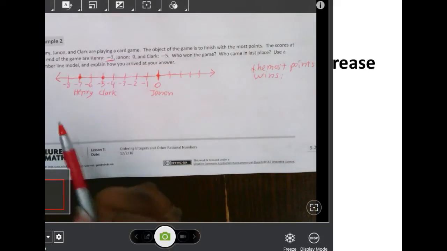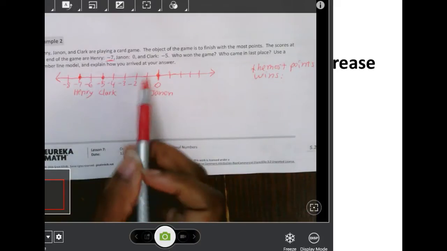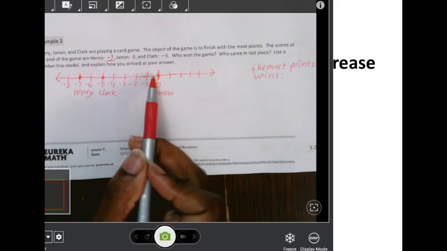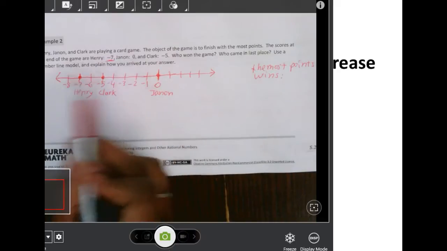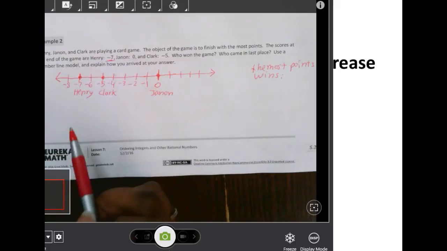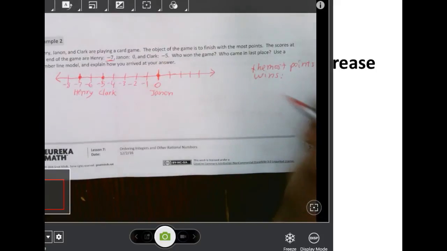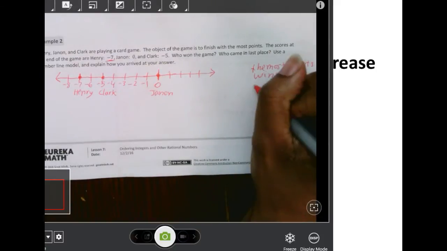Well, we have to see which one is the greatest. So if we look at our number line, we know from 0 to the left, these are decreasing or negative numbers. So whatever number is farthest to the right is the largest number. And in this case, 0 is farthest to the right. So Janet is the winner.